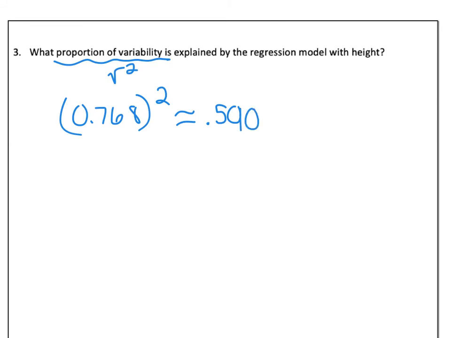Take a second and see if you can interpret this. This is stating that about 59% of the variation in your y, so of the variation in men's weights, can be explained by this model, by the least squares regression line with their heights.